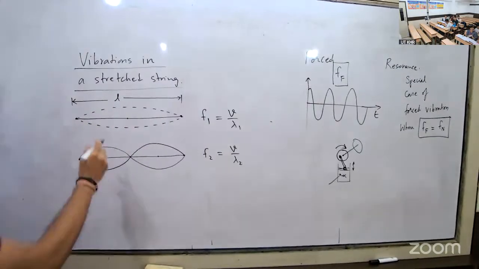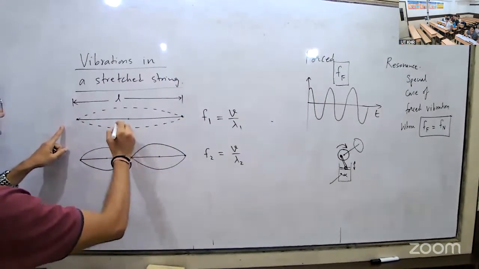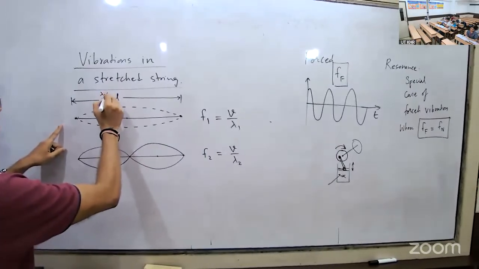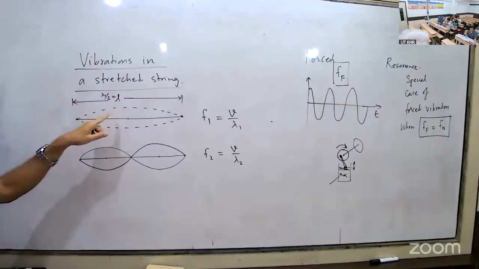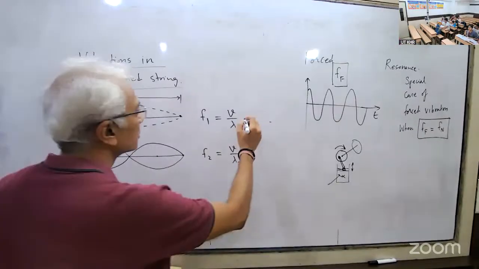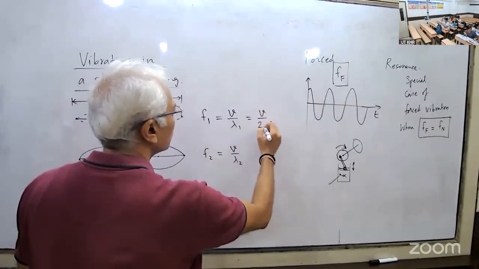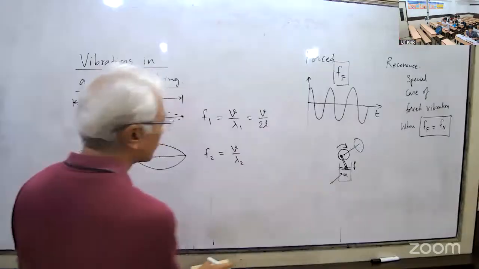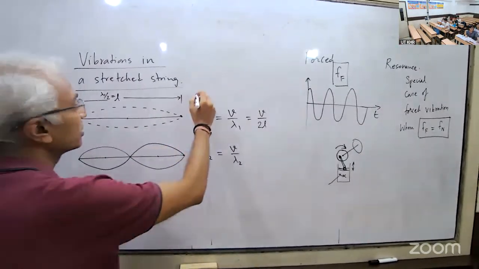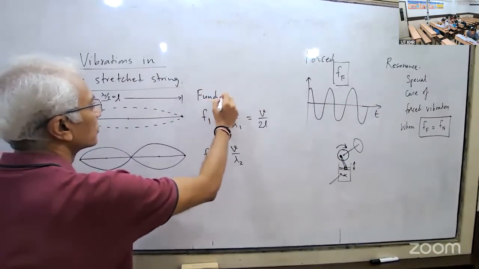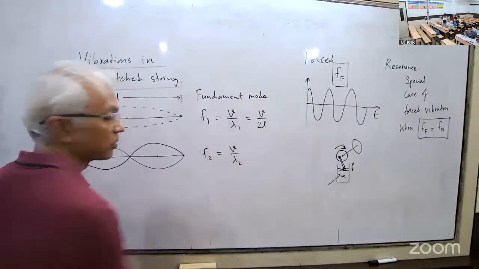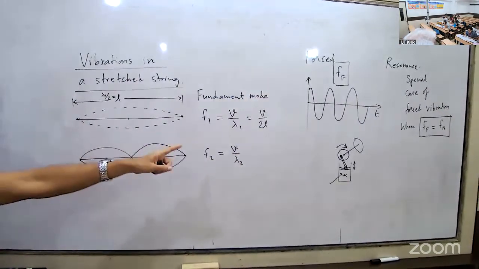So this length is equal to lambda 1 by 2. Lambda 1 by 2 is equal to the length of the string. यहाँ पे lambda 1 कितना आ गया? 2L. First frequency हमको क्या मिला? V by 2L. And this is called fundamental frequency. It is called fundamental mode.